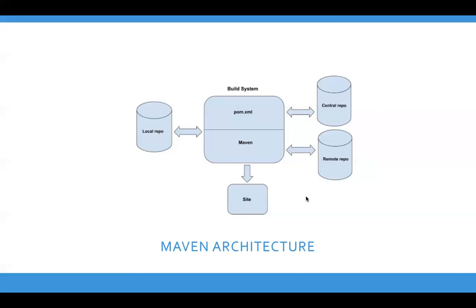If any necessary jar or dependency files are not included in the local repository, they'll be simply fetched from central and remote repositories. And whenever any new dependency or jar is published which is supported by Maven, it is uploaded here and is free to use for the community.